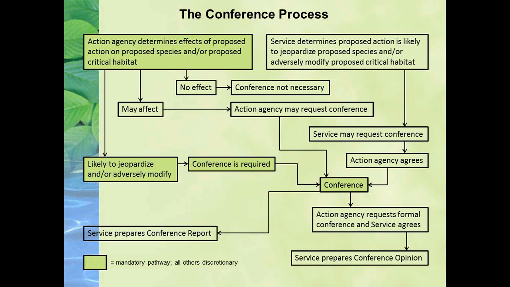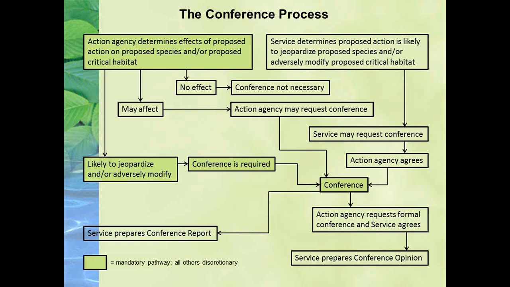This pathway, let's see, we can make a jeopardy call up front and say, we want to do a conference with you. But you have to agree. Even though we request it, you have to agree to do that. And then again, this is a mutual agreement. Are we going to use the formal consultation procedures? But this is accurate.